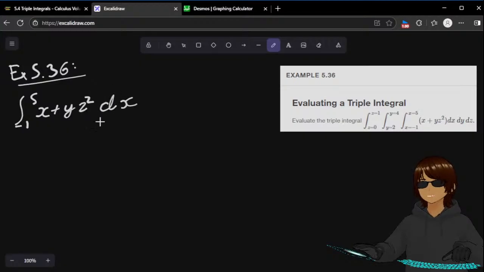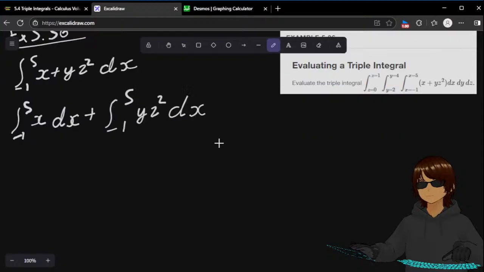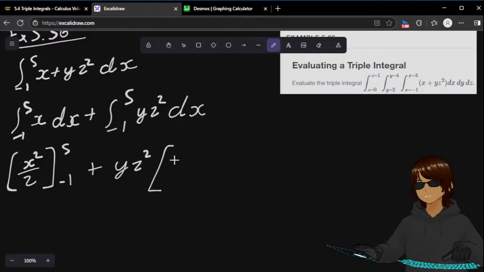Let's just do x first, then we can separate them. And then this will be x squared over 2 from -1 to 5, plus y z squared would be constant in this case.